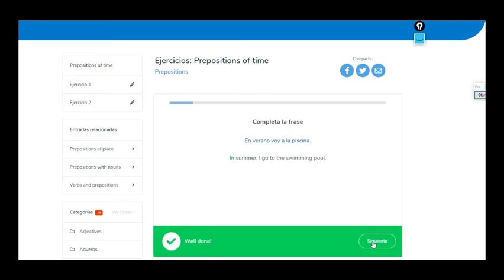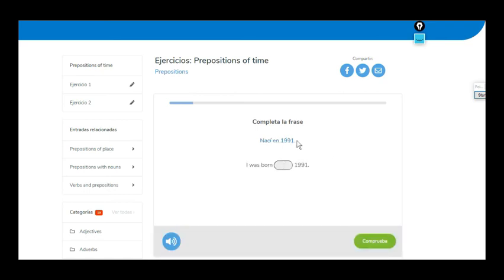The next one. We have a year. ¿Cuál era la preposición de tiempo que empleábamos con los años? I was born. ¿Cuál era el más general, el que acaparaba años? Era in. In 1991. I was born in 1991. Excellent. The next one.